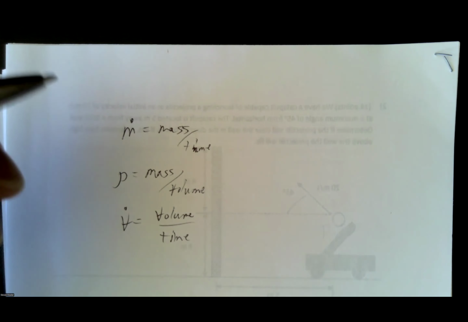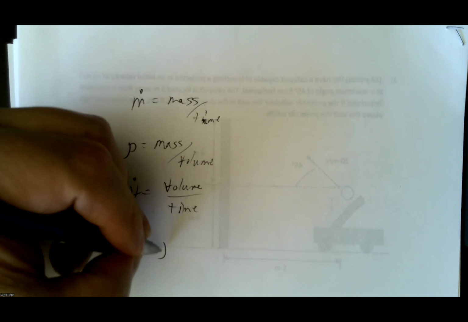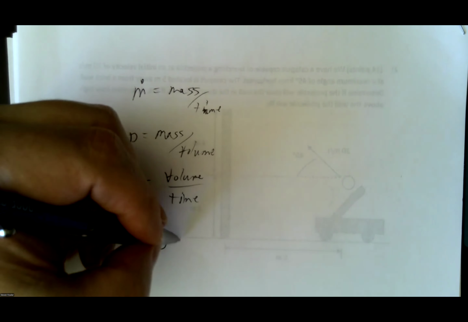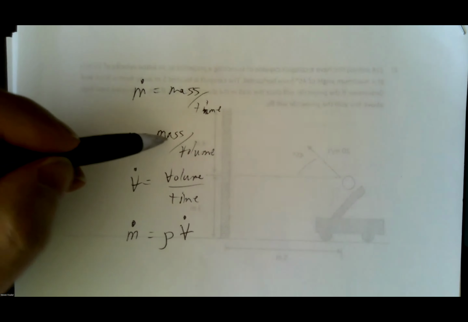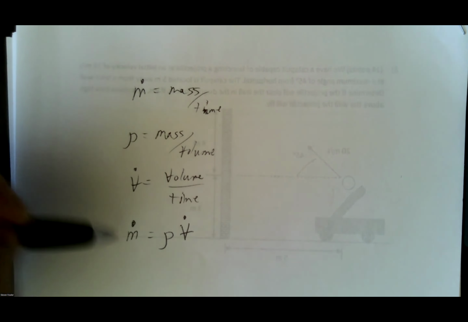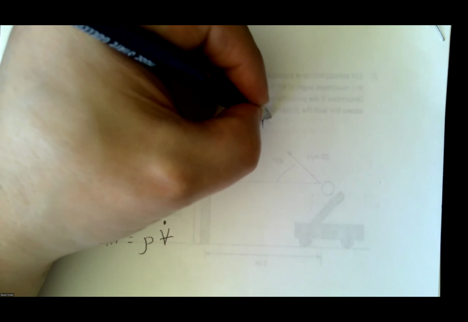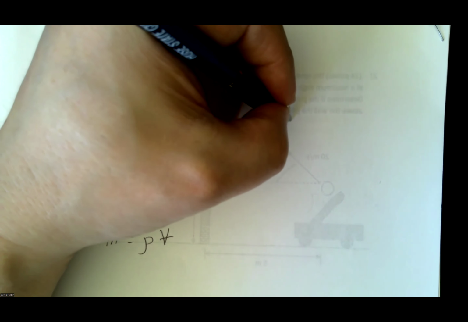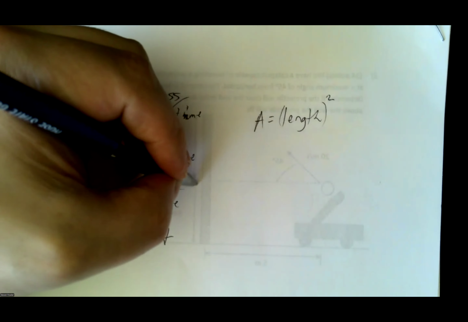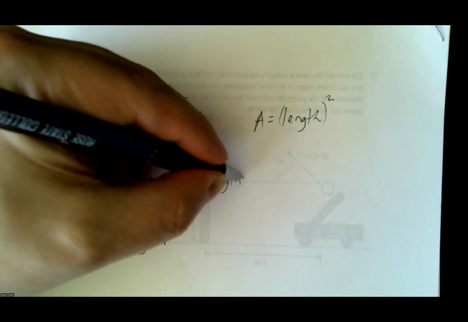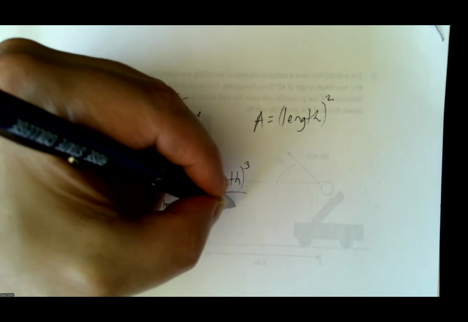But again, if we just do dimensional analysis, you can see that M dot is the product of rho times V dot. Mass per volume times volume per time gives me mass per time. Now I can go a step further with this. If I have A, which is length squared, that's area, and notice that volume, of course, is length cubed per time.